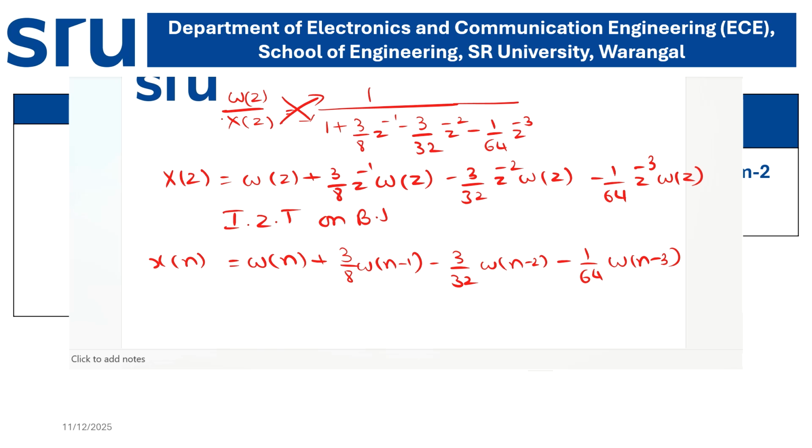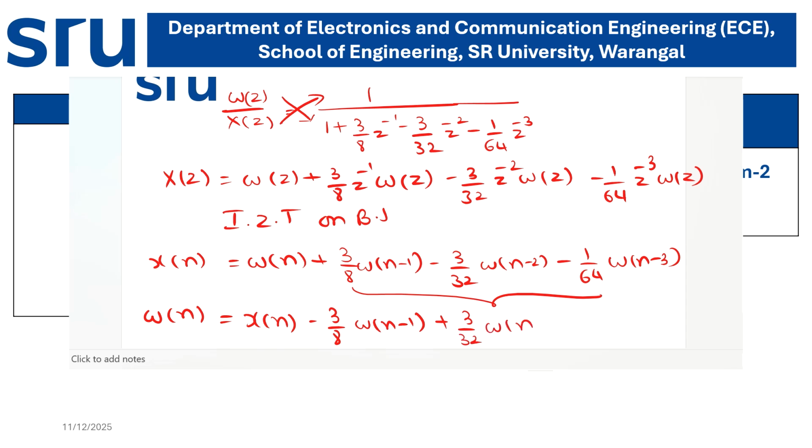So here the output is w of n, therefore w of n, and take all these values to the RHS. Then you will have x of n minus 3/8 w of n minus 1 plus 3/32 w of n minus 2.